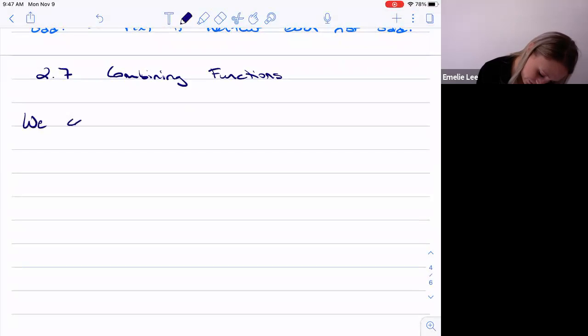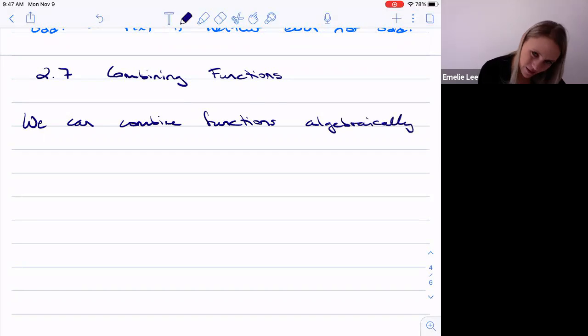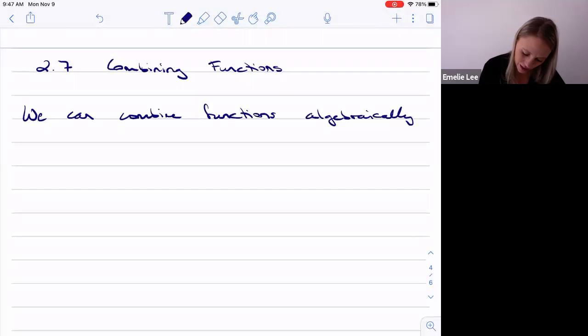So we can combine functions algebraically. Algebraically just means plus, minus, multiplication, divide, right? So don't be deterred.